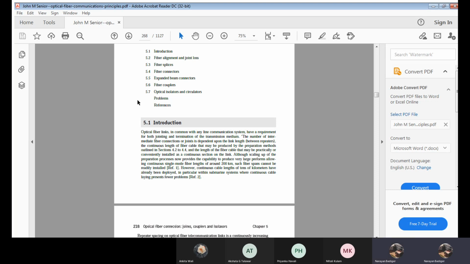For example, if we install it in a digital system covering a range of 40 to 60 kilometers, the bit rate will be somewhere between 2.5 to 10 gigabits per second. It means in 1 second it sends 2.5 gigabits.